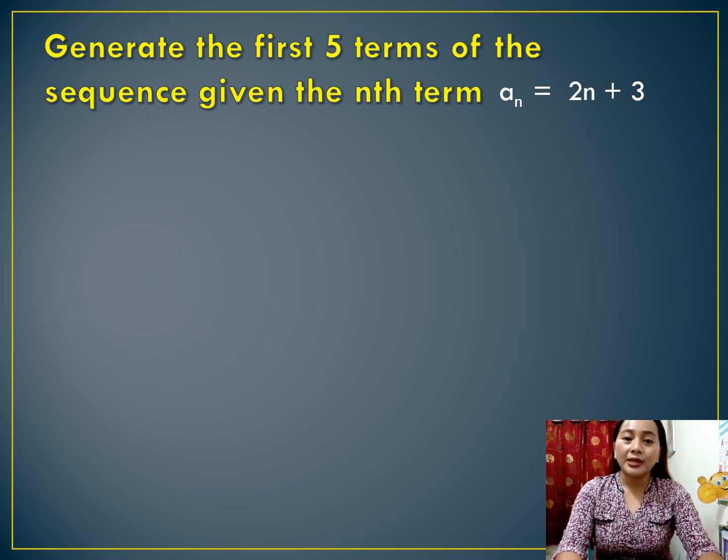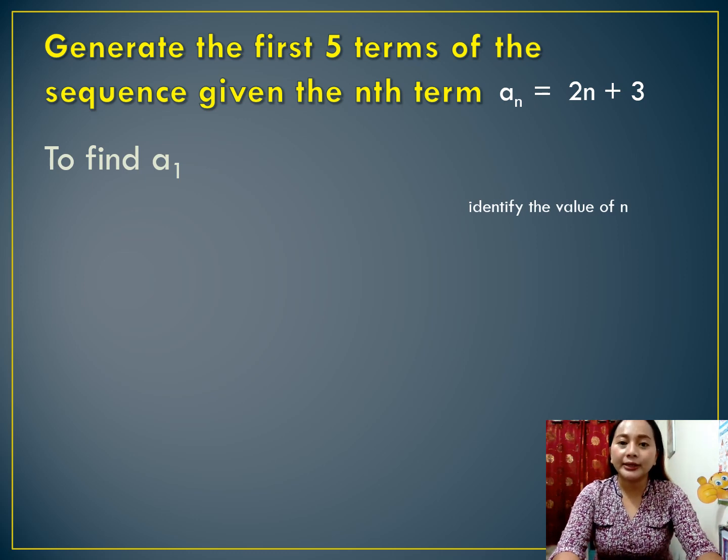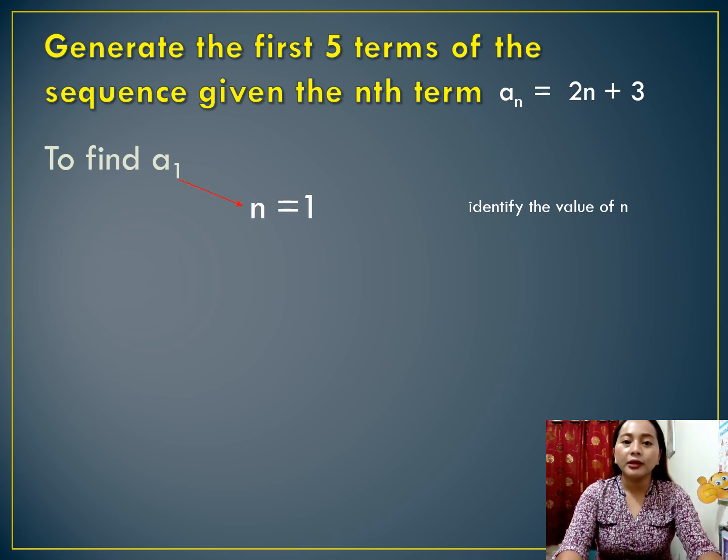So first, we are going to find the A sub 1, or the first term of the sequence. So first, you have to identify the value of n. n is equal to 1. Where did you get 1? That is based on A sub 1, first term.